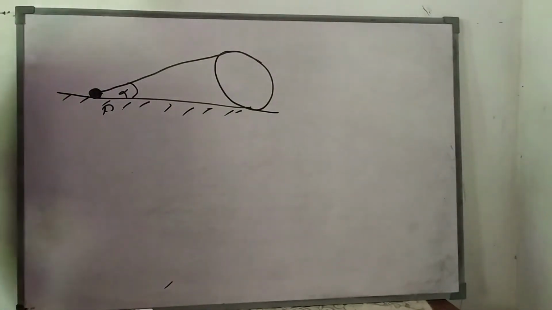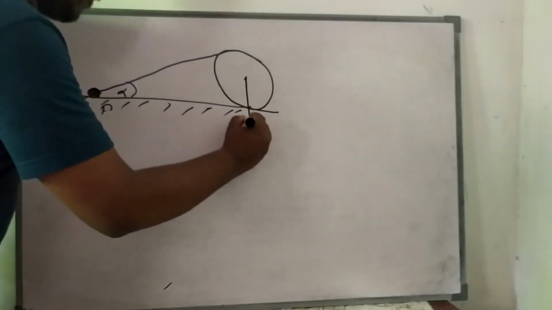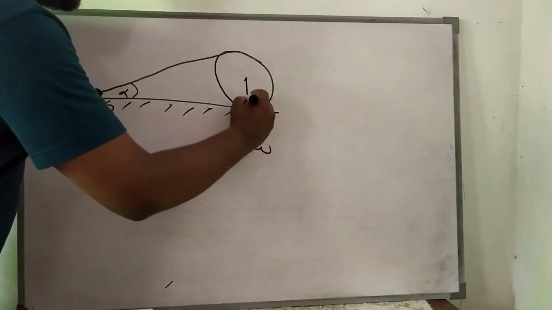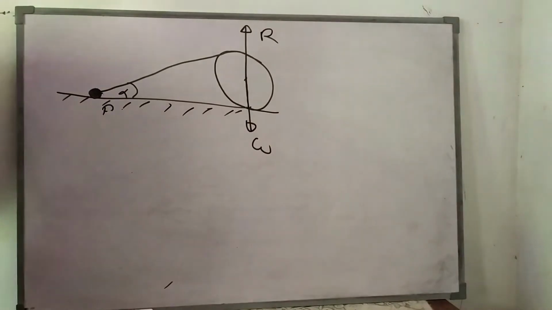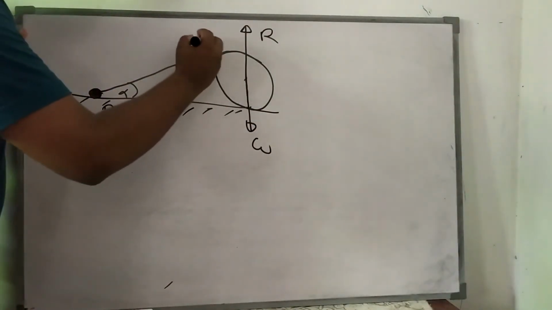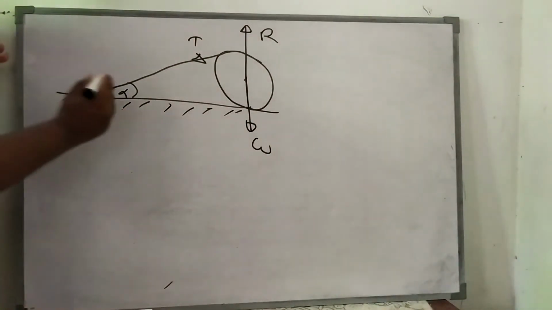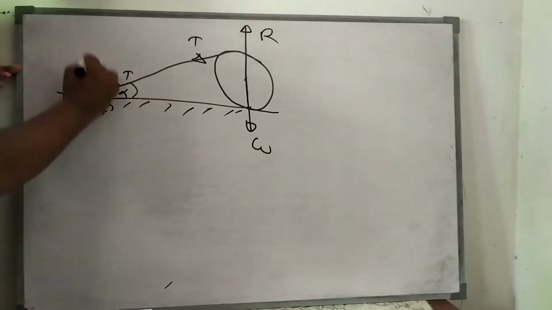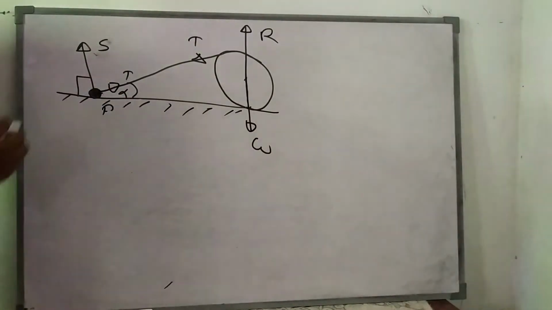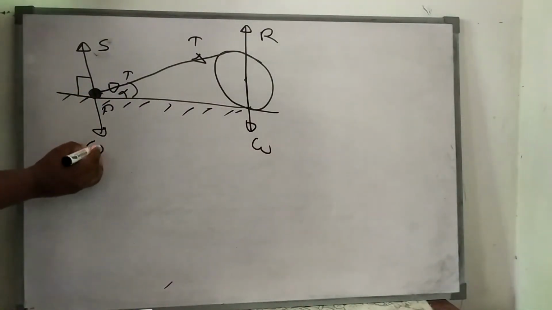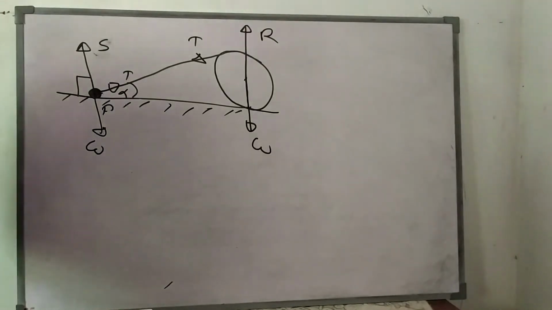You just need to draw the complete diagram, including all forces. So these are my reactions and weight. This is tension T. This is also tension. This is the reaction between the surface and the particle. This is S, and this is my weight W of the particle.